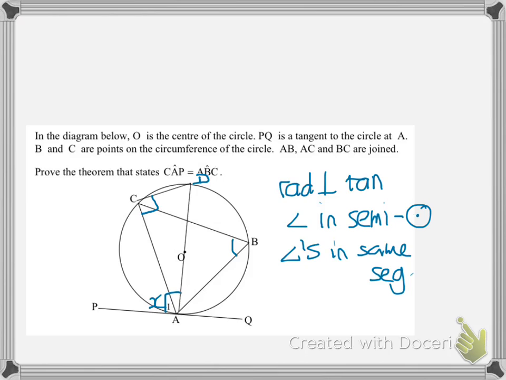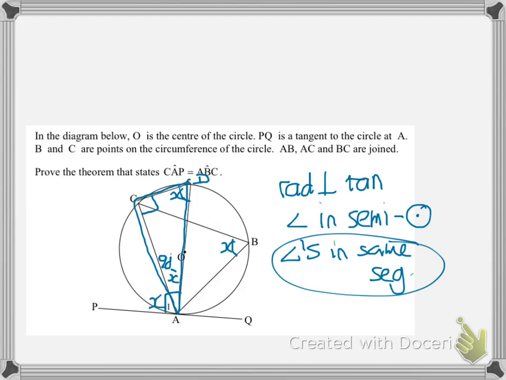Angles in the same segment means that B is equal to D. So what we're really thinking is that I need to get D to be equal to X. Well, that's not difficult at all, because A1 is X. You've got your right angle right next to that, which means this angle here is 90 minus X. But you now have a triangle, and the angles of a triangle add up to 180, so D is X. Well, that was good news, because that means that B is X, angles in the same segment, and voila, A1 is equal to ABC.